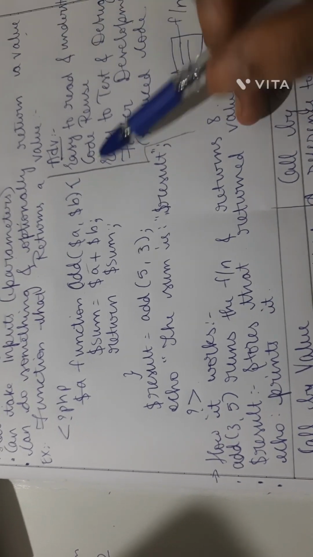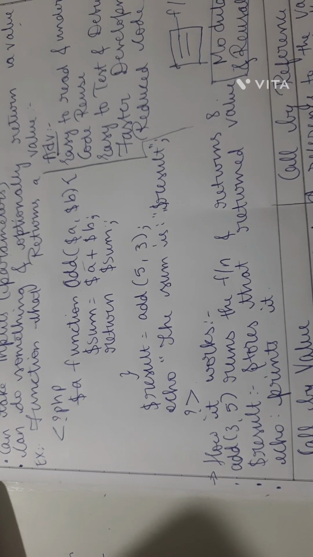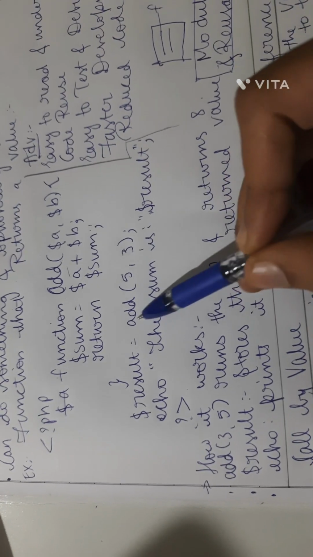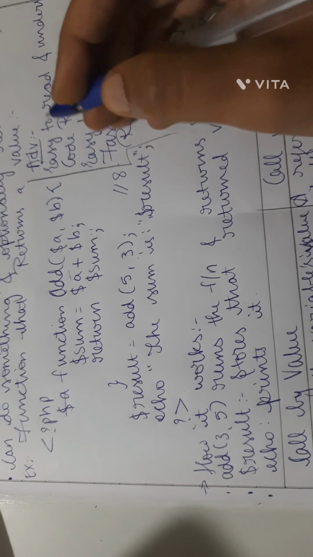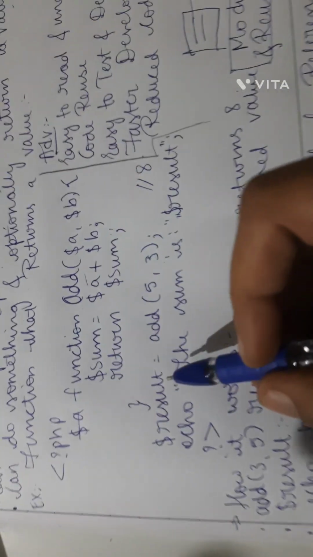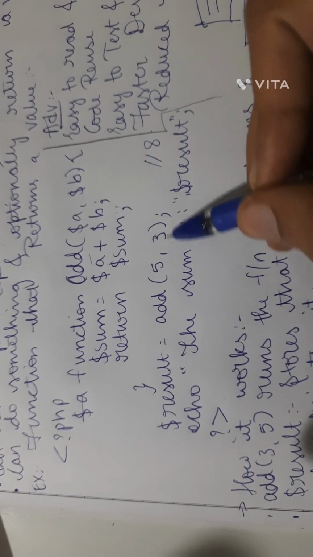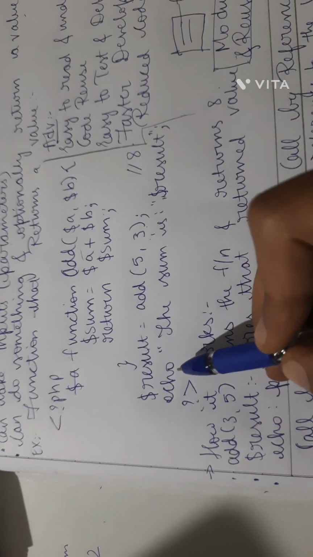This runs the function and returns 8. This thing runs the function and returns the output as 8, and this will basically store the output which we have got from here. And so, yeah, the echo statement will print the result.